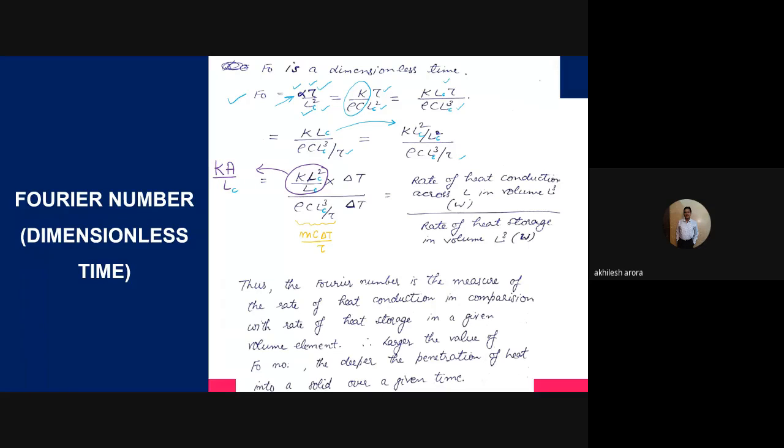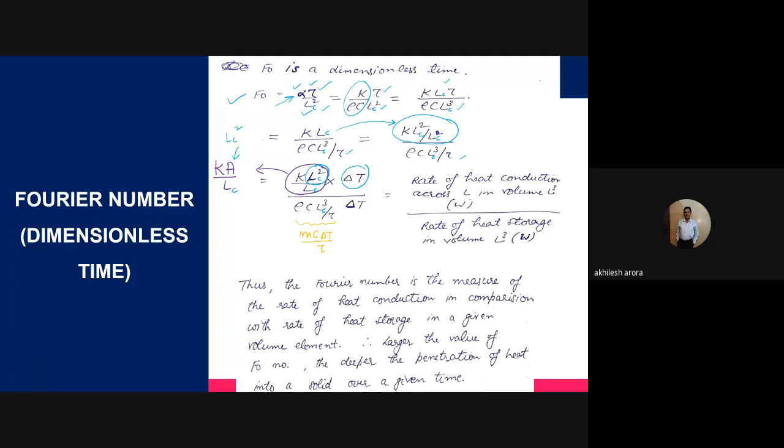And then finally, we have multiplied this numerator by delta T here. This k LC square, this LC square is some sort of area, with units of meter square or centimeter square.